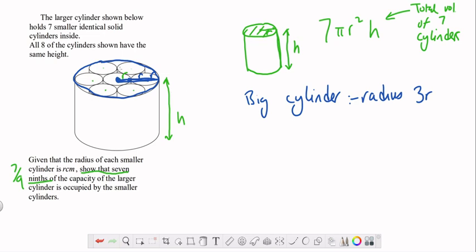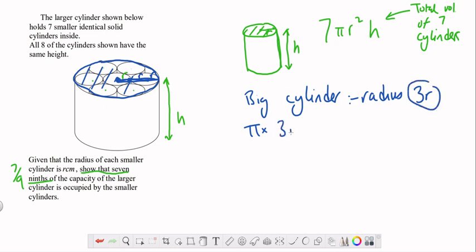So the volume of this big cylinder: if you think about the cross-sectional area over here, we've got a circle, haven't we? It's pi times radius squared. So the area of that circle is pi times radius squared, but the radius I've just said is 3r.